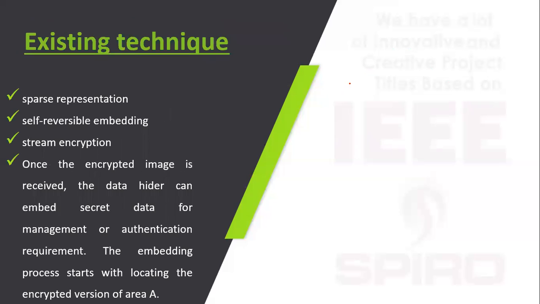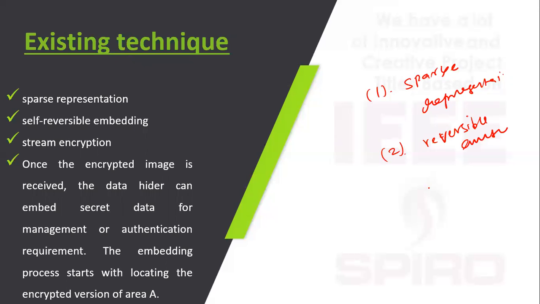So in the existing techniques explanations, the first one is space representation, the second one is reversible embedding, and the third one is stream encryption.